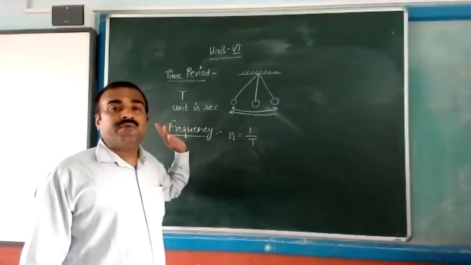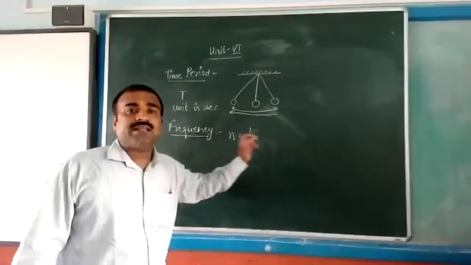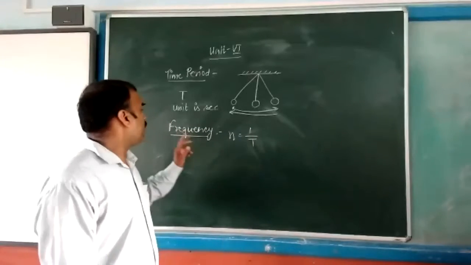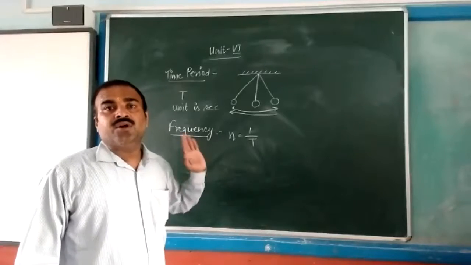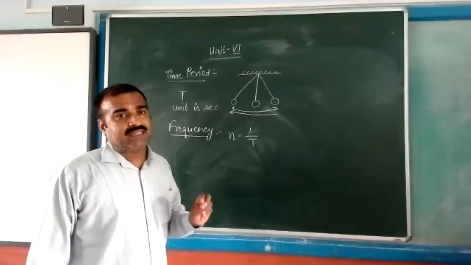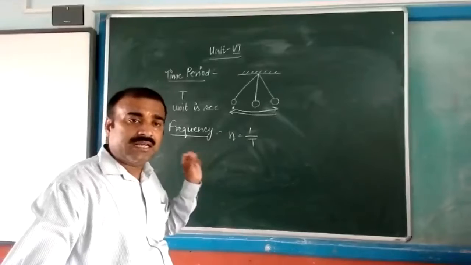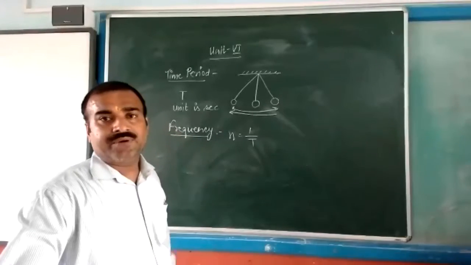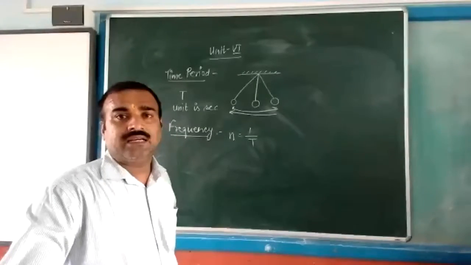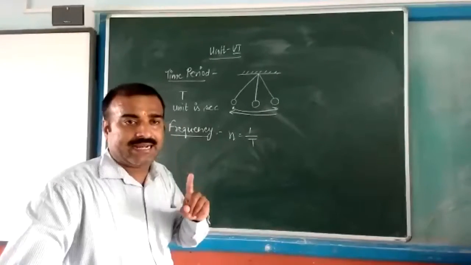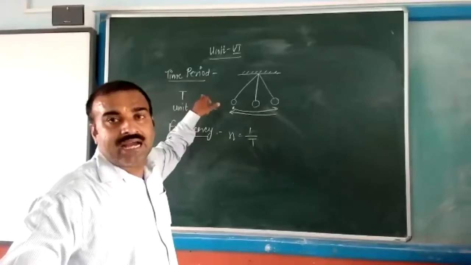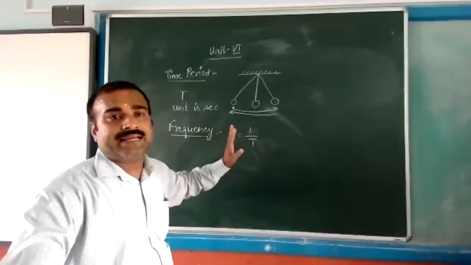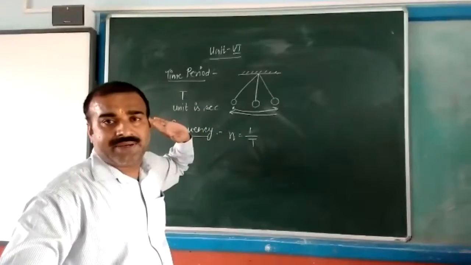So how can we define frequency? The number of oscillations done by the pendulum in 1 second is called frequency. And what was the definition of time period? For one complete oscillation, whatever the time taken is called time period.